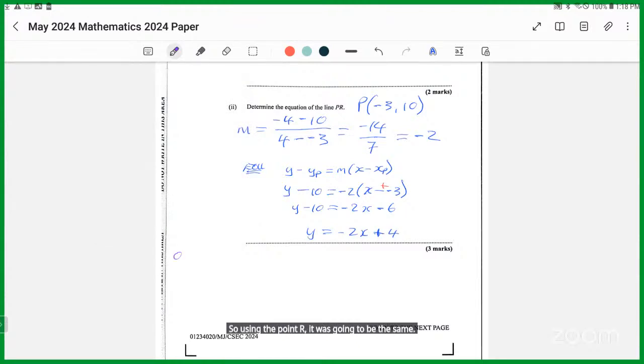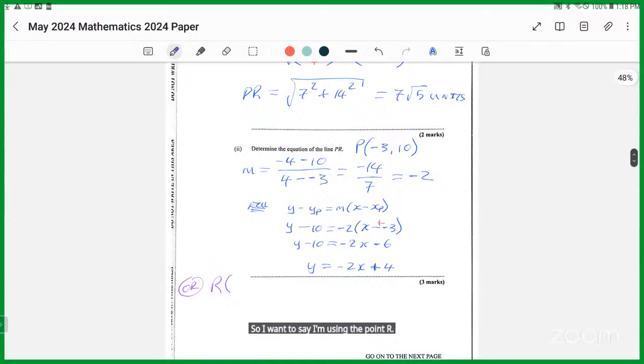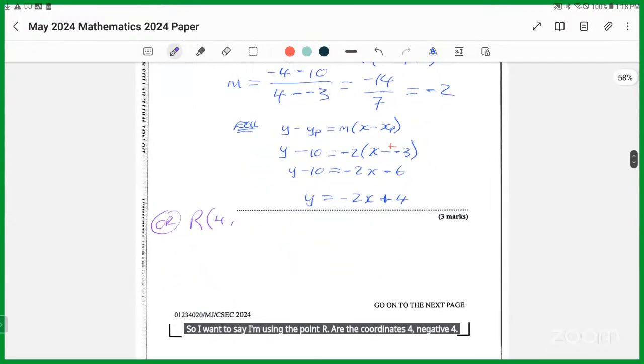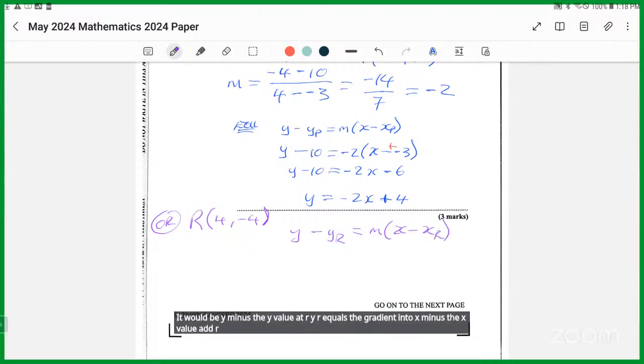So I'm going to say I'm using the point R. And R had coordinates 4, -4. So it's y minus the y value at R equals the gradient into x minus the x value at R. Must get the same equation.